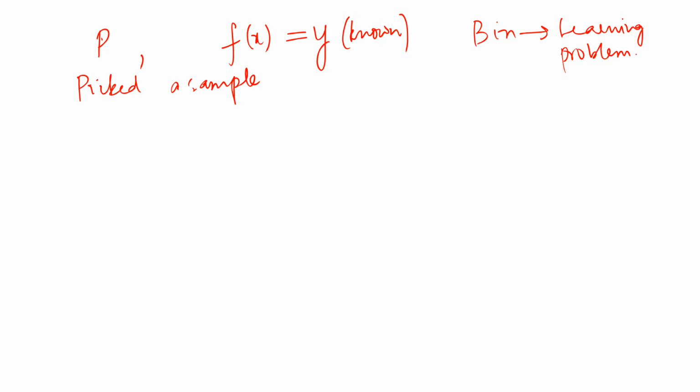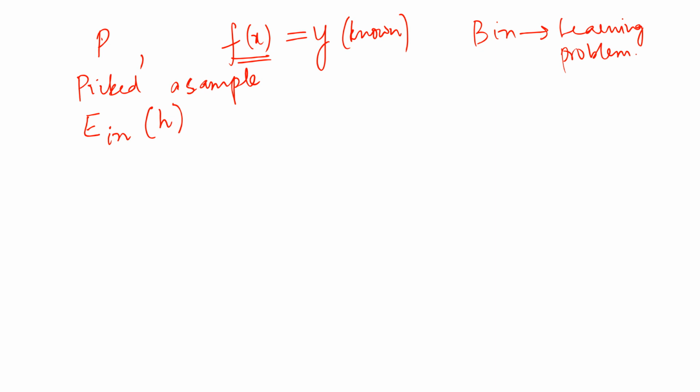From now on, if we have picked a sample and we are trying to determine the disagreement between my hypothesis and my target function, it is known as the in-sample error, and it is denoted by E_in, which is defined over a certain hypothesis h. This is the function using which I'm trying to determine whether my h of x is in agreement with f of x or not.